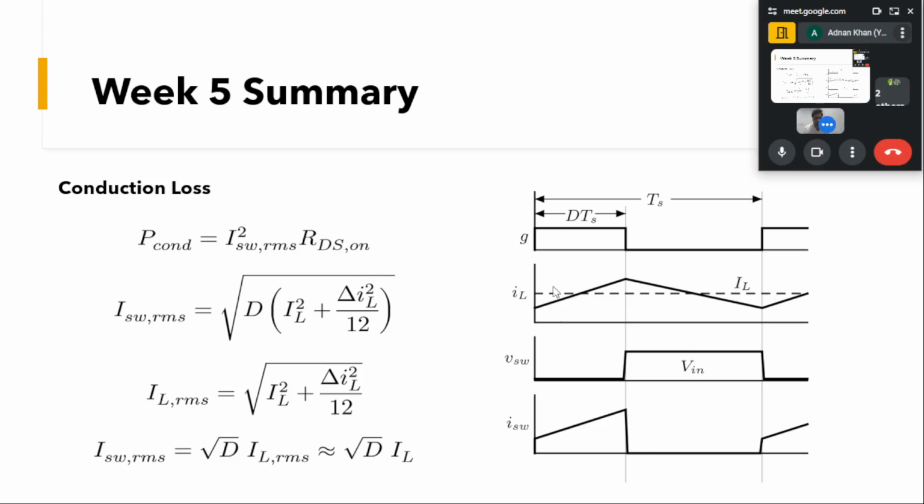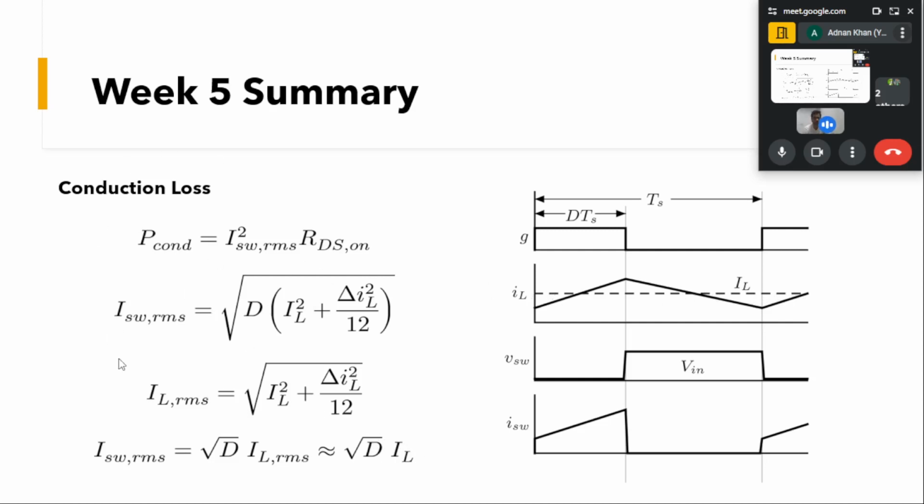And if we assume there is a negligible ripple in the inductor current, we can assume delta IL to be equal to 0. Then I switching RMS will be equal to root of D times IL, where IL is the steady-state current flowing through the inductor, the average of the inductor current.